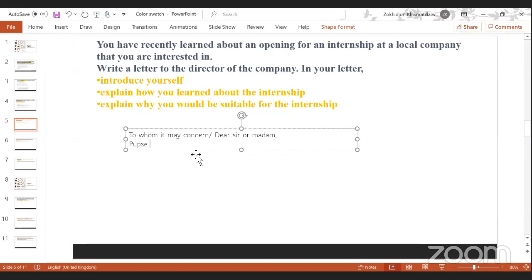What is the purpose of writing? That we're interested in the internship? Yes. You should state the company name.